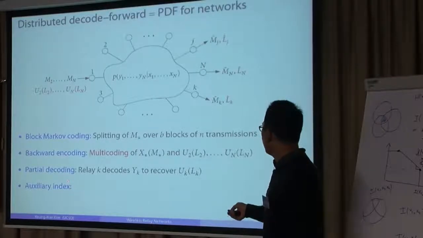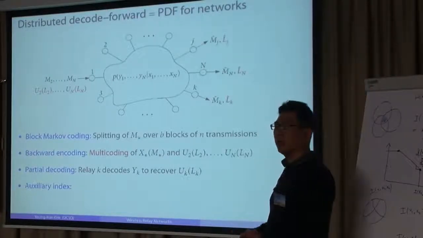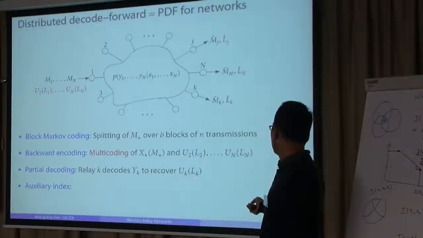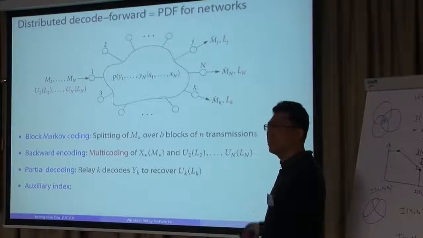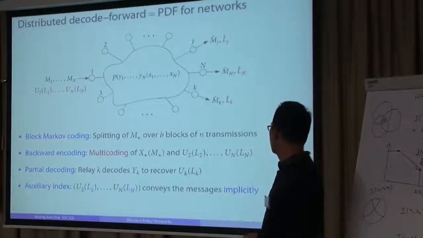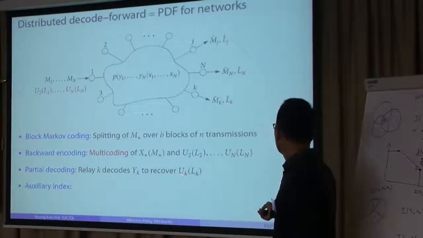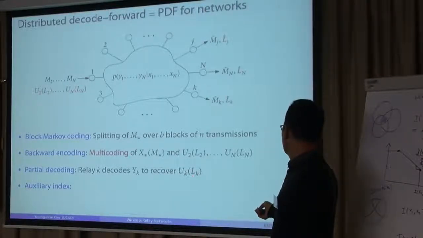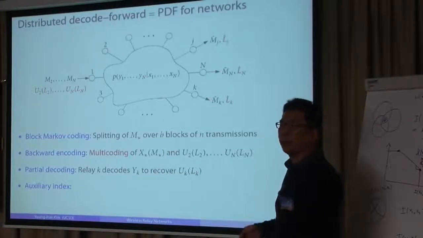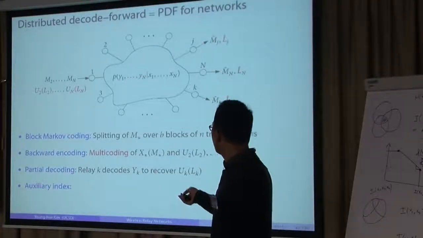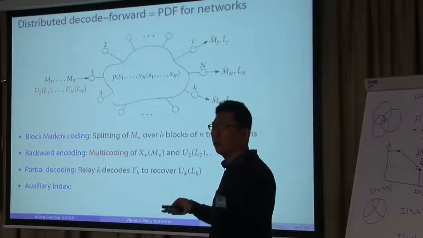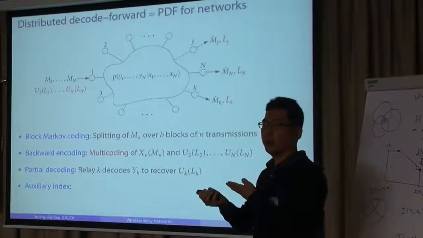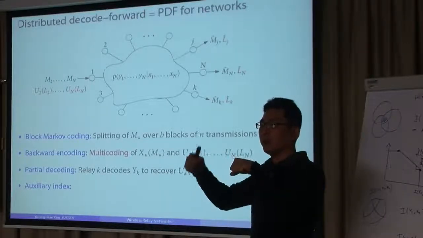And the relay's job is fairly easy. By looking at YK, the relay recovers its virtual code word index, and at the next block, we simply transmit XK, carrying this LK signal. So by doing this encoding stage, we are implicitly decoding some information about the message without explicitly partitioning the message.